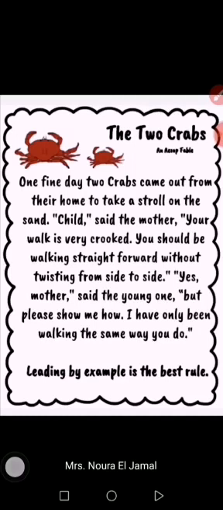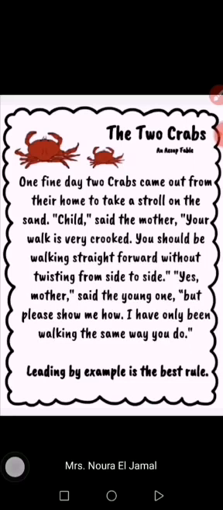Child, said the mother, your walk is very crooked. So who's talking here? The mother. She is talking to whom? To her child, the small crab. Your walk is very crooked. You should be walking straight forward without twisting from side to side.